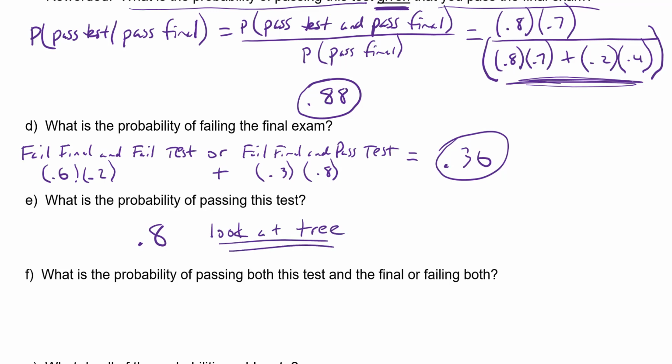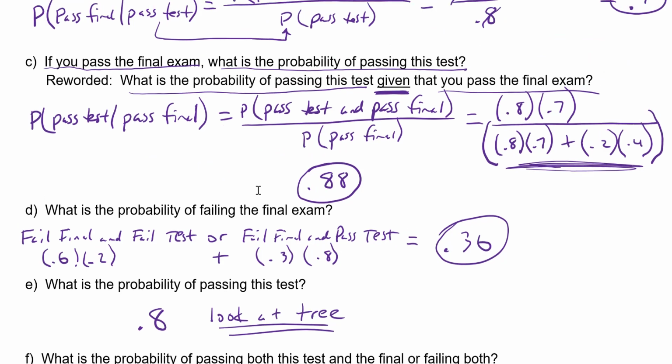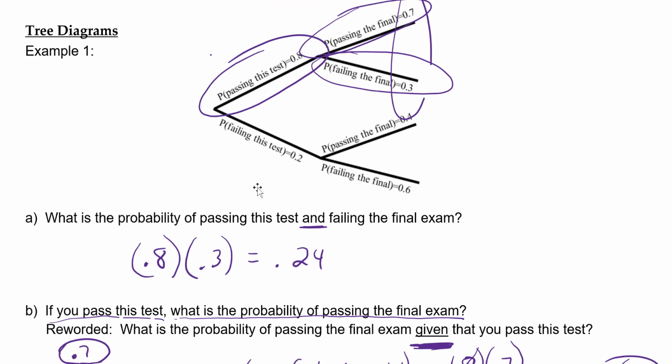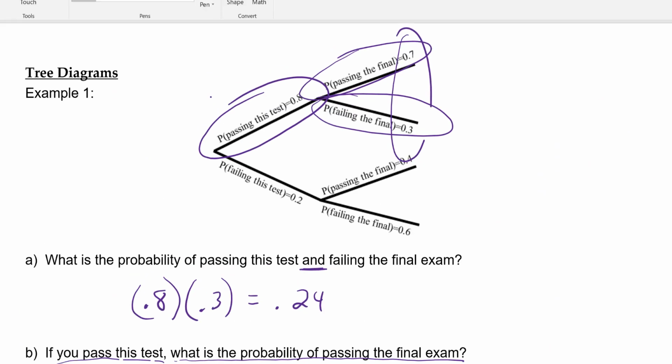All right, F. What is the probability of passing both the test and the final, or failing both? Well, you got a lot of stuff here. So what's the probability of passing both the test and the final? So let's look at the tree diagram.